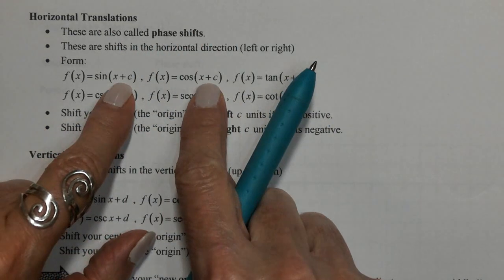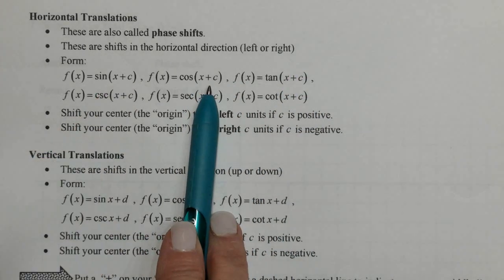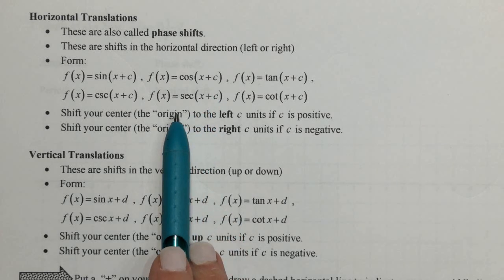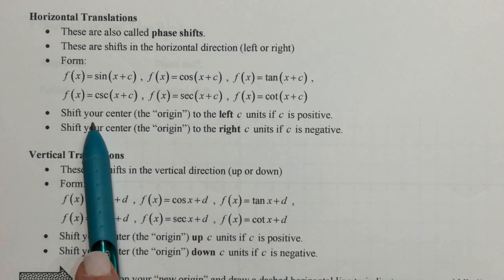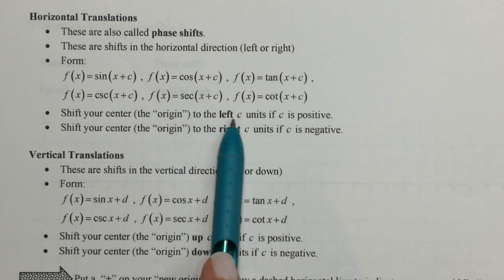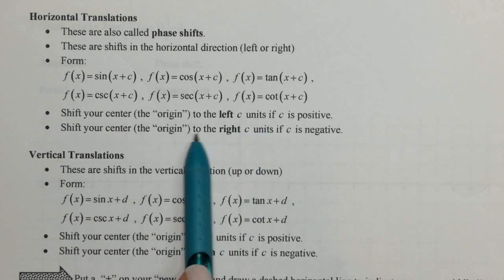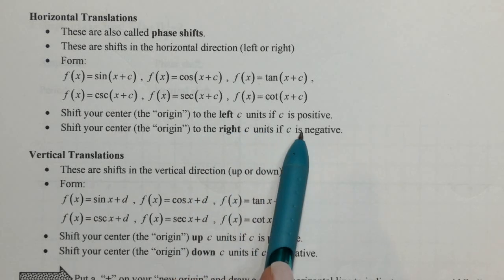So you have something being added or subtracted from your x in your argument. So you're going to shift your center, the origin, to the left c units if c is positive, and to the right c units if c is negative, just like we always have with our parent functions.